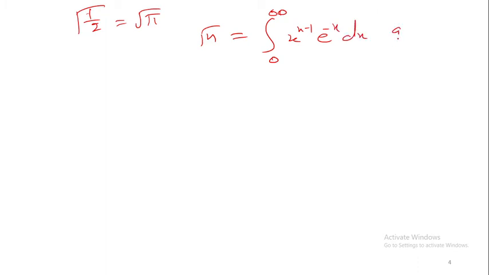For example, I am writing down 1 upon 2. In this method, you don't have to apply the beta function to find gamma half. We know that the integral from 0 to infinity of x power n minus 1 e power minus x dx is the gamma function.